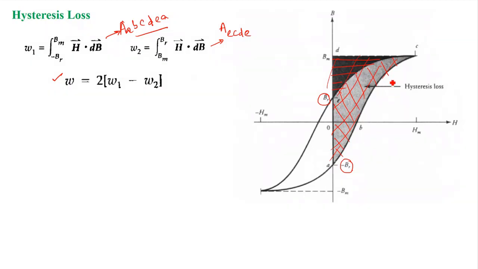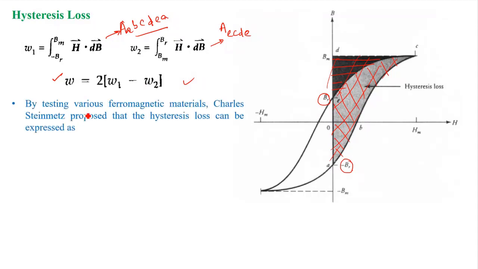And in fact, it is very difficult to find analytically the expression of hysteresis loss. So by experimentation this can be possible, and therefore Charles Steinmetz, one of the scientists, did various experiments and found one expression for hysteresis loss, because W1 and W2 have no certain function.